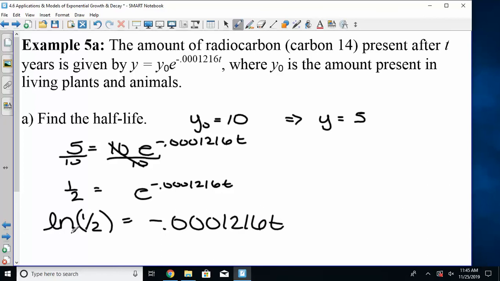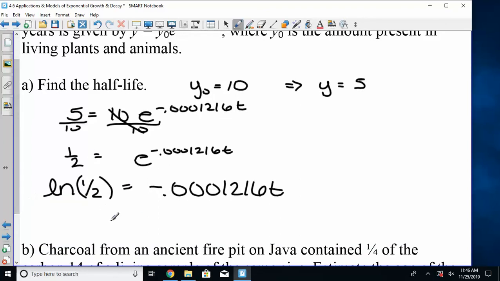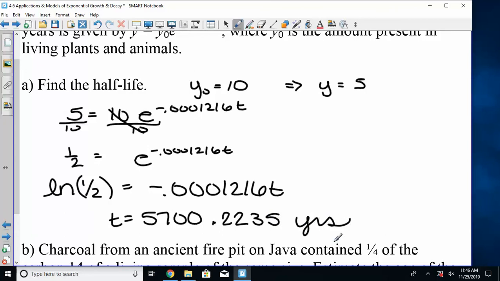So we can just divide. And what did you get? .2235 years until you have half of what you started with. Okay.